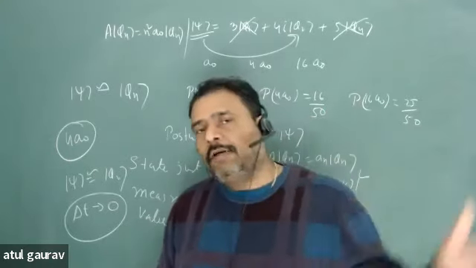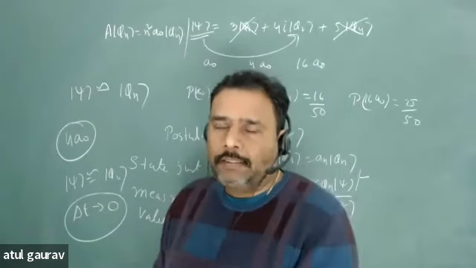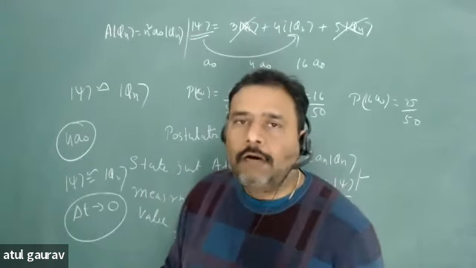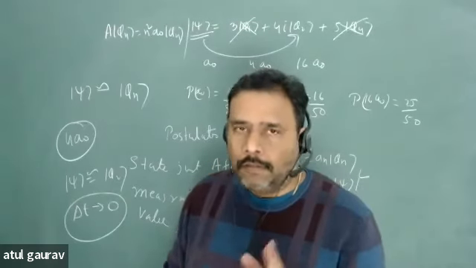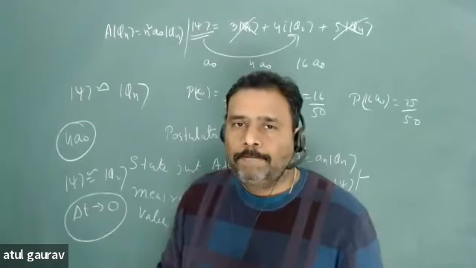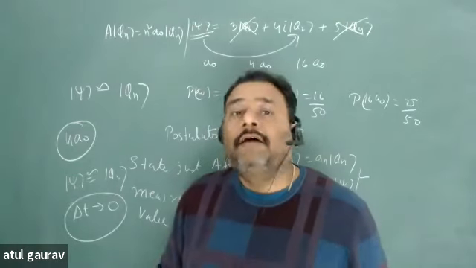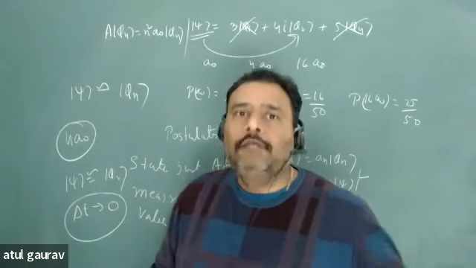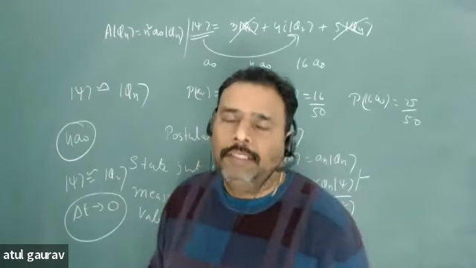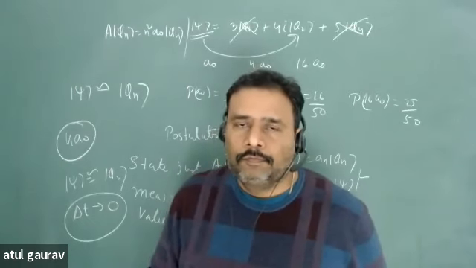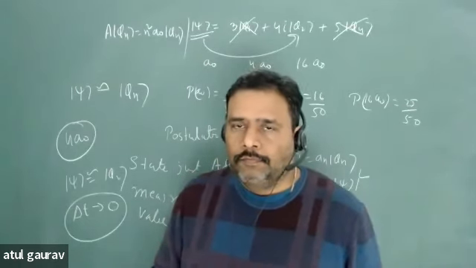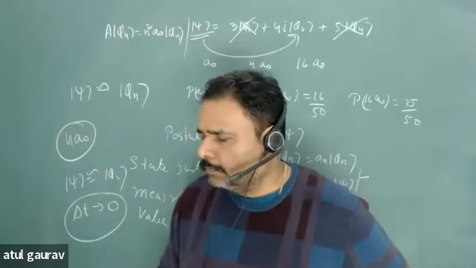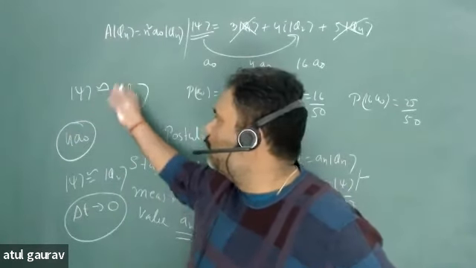First you measure A, you see the outcome, and then you are measuring B. After measurement of A, you are not allowing your state to evolve, and then you measure B. Yes, when you take a measurement in quantum mechanics, the wave function collapses, in the direction of phi n.